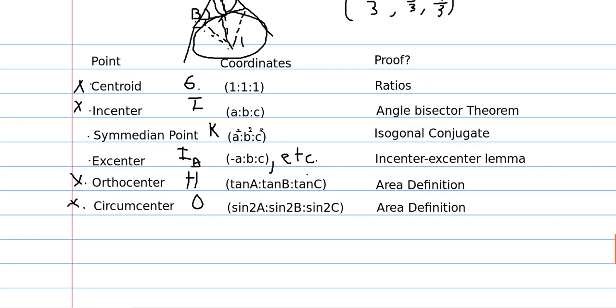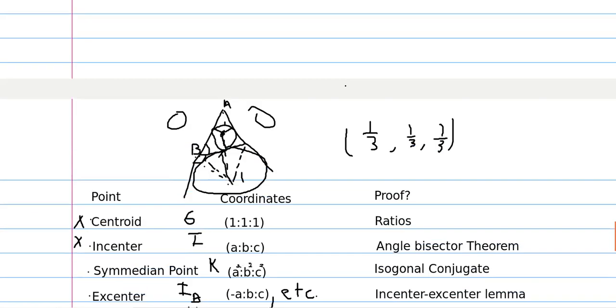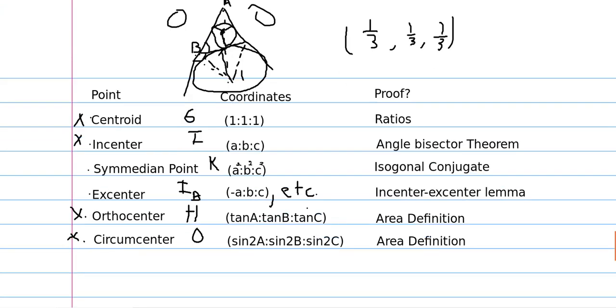Now the centroid is the intersection of each triangle's medians, which is a line from one vertex to the midpoint of another. And we saw that the midpoints had a nice 1/2, 1/2, 0 form. So it makes sense that we would have sort of an average here.